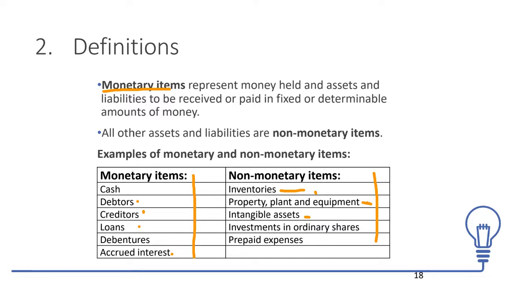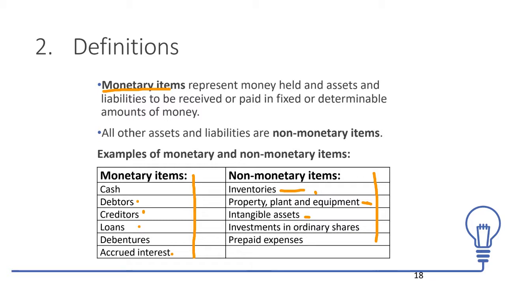So the first thing is, a monetary item is cash, right? The second thing is a monetary item can be something that is settled in a fixed amount of cash. Okay, settled in a fixed amount of cash or money. Okay, so those are the two requirements for monetary items.